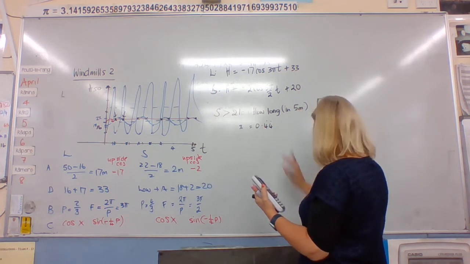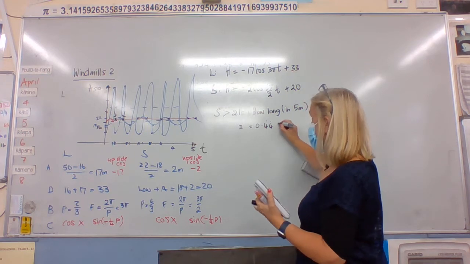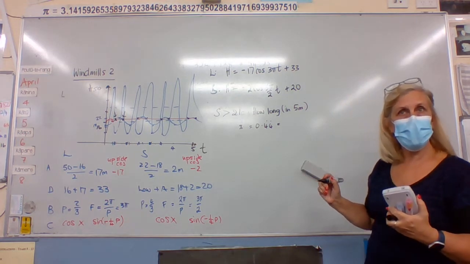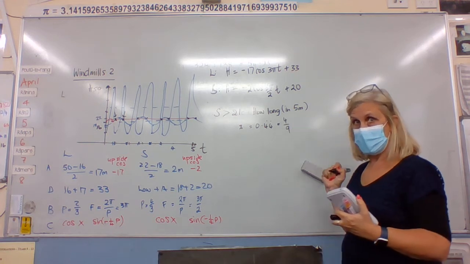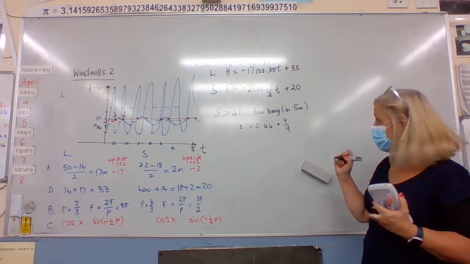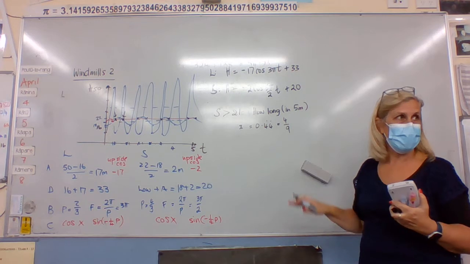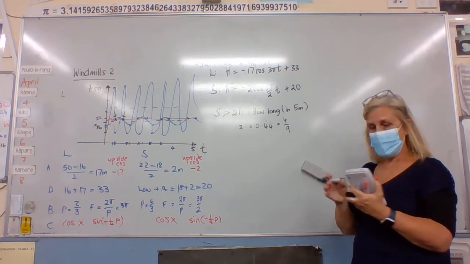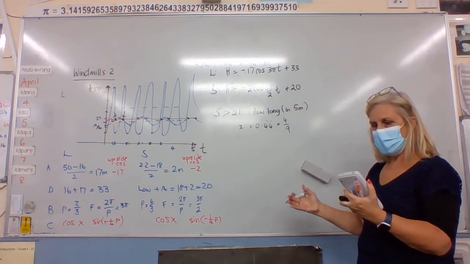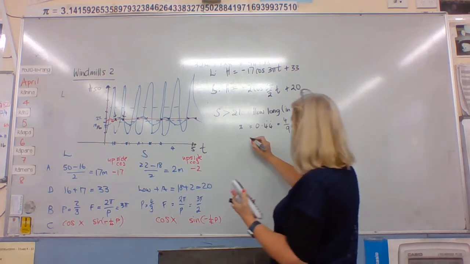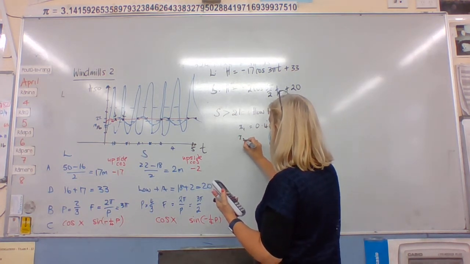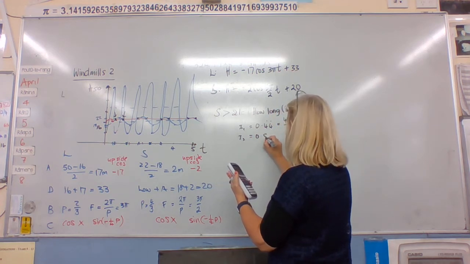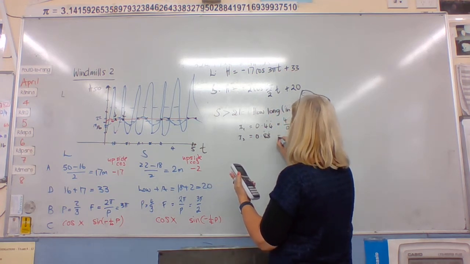So what number is 0.44444? It's 4/9. That's the actual real answer. This is an approximate, not that it matters, because we are dealing with a practical situation. And then if I push it again, the second answer is 0.88888, or 8/9.